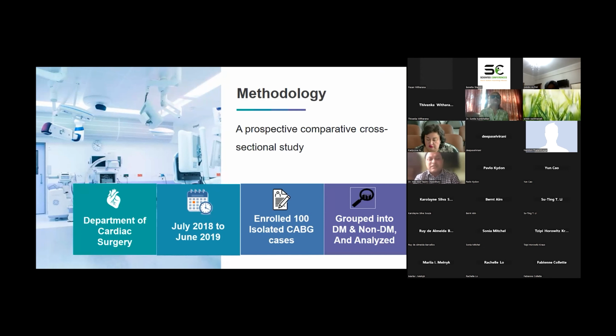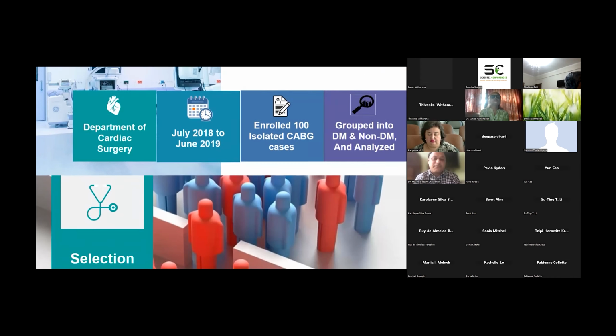Our method was a prospective comparative cross-sectional study conducted at the Department of Cardiac Surgery, BSMMU, from July 2018 to June 2019, which enrolled 100 isolated CABG cases. All the cases were divided into diabetic and non-diabetic groups.